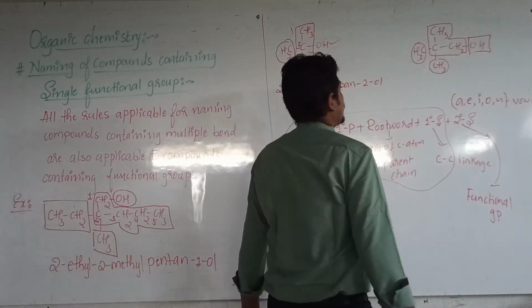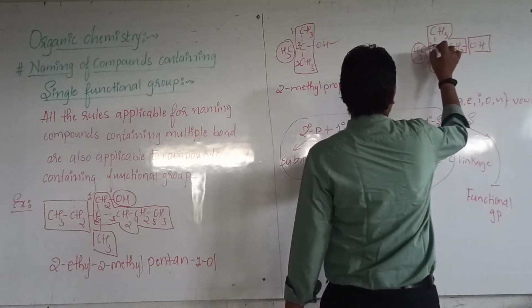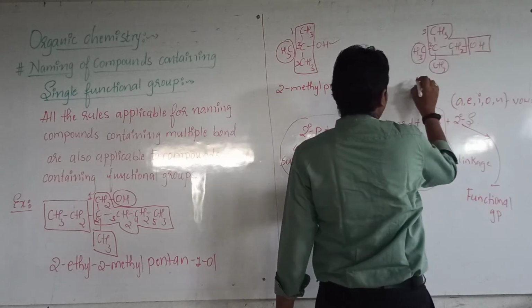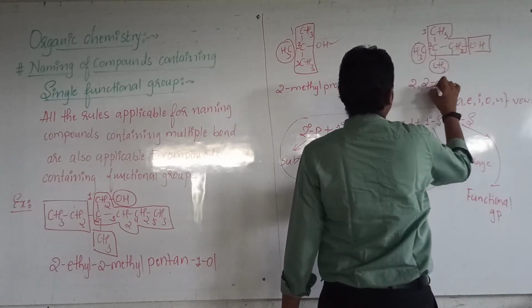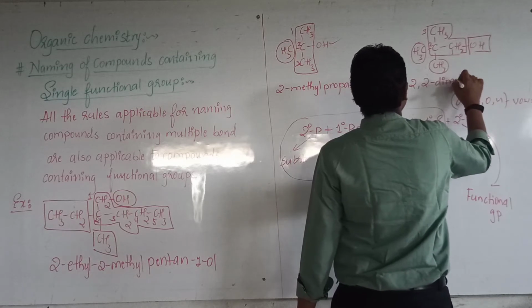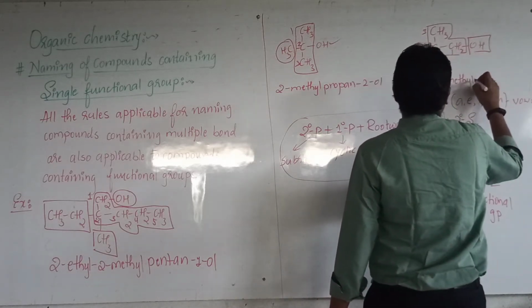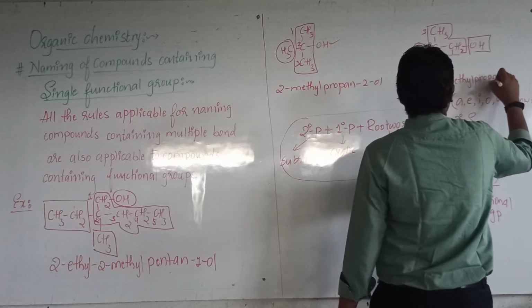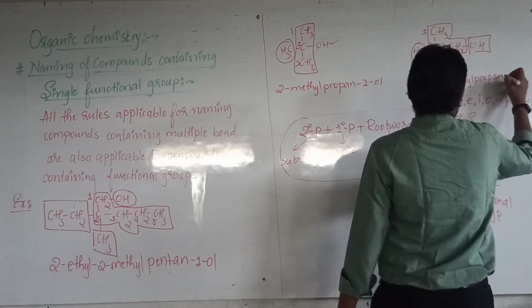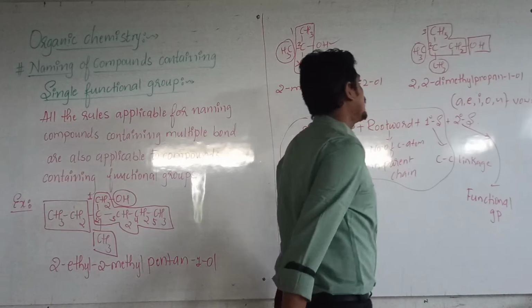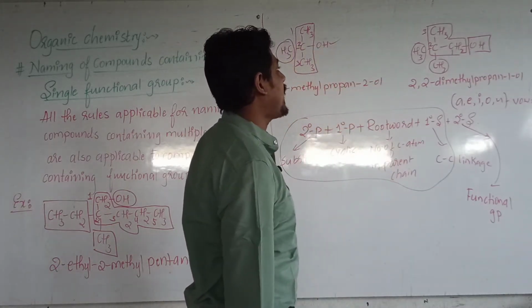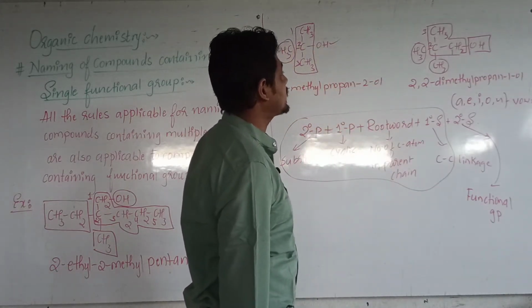So 1, 2, 3. So what will it be? 2,2-dimethyl. How many carbons? 3. Propan-1-ol. So 2,2-dimethylpropan-1-ol. That is the name of that compound.